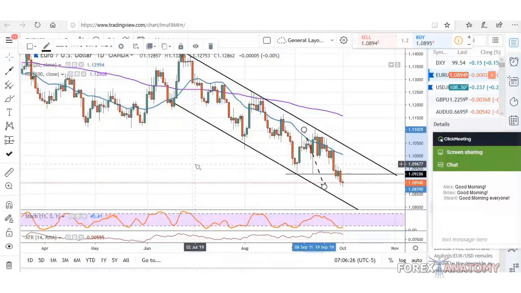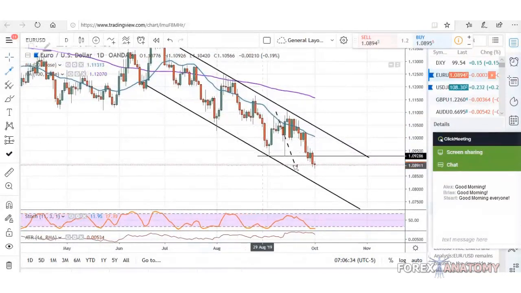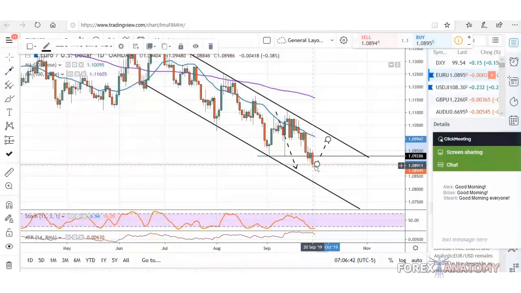Whenever you see that, you can expect a possible correction in price. So price is either going to do this: we're either going to see a correction higher to possibly retest this channel resistance up here, or we're going to see price continue to fall lower and test this channel support, this descending trend line support, right here. We'll see either of those two scenarios play out.